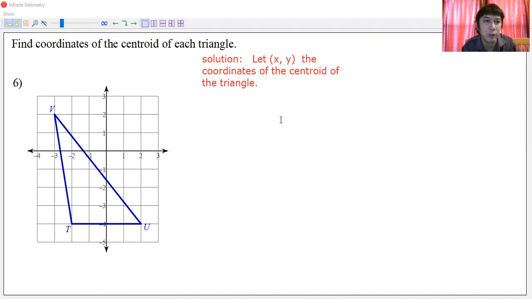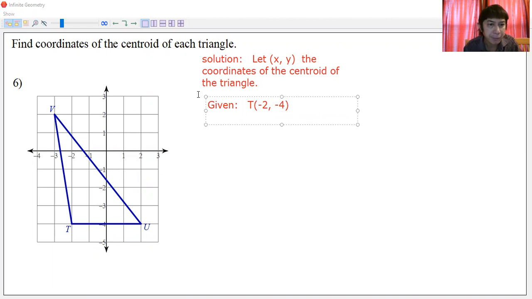That will be T, U, and V, the starting point, which is given. Start with point T. That's at negative 2, negative 4.